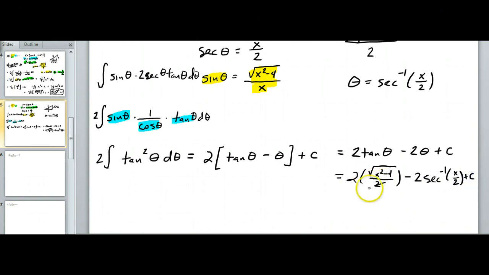Then clean this up. Your 2's will cancel, so we end up with the square root of x squared minus 4 minus 2 arc secant x over 2, and then your constant.